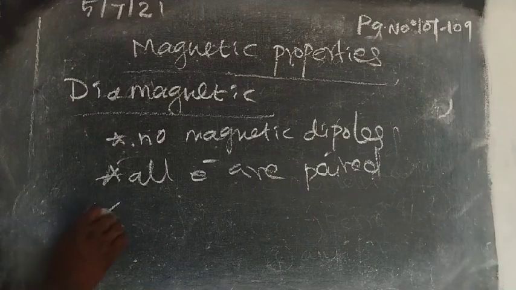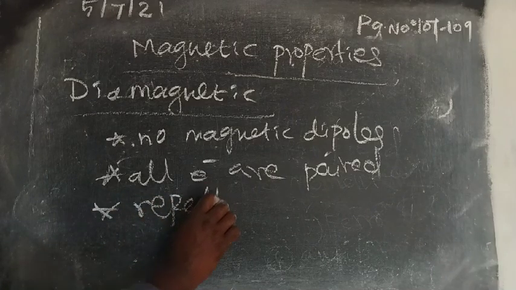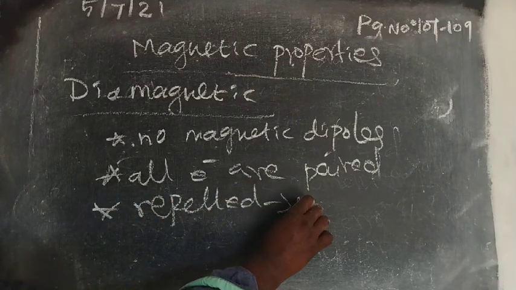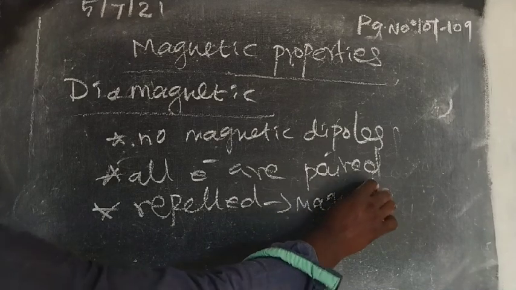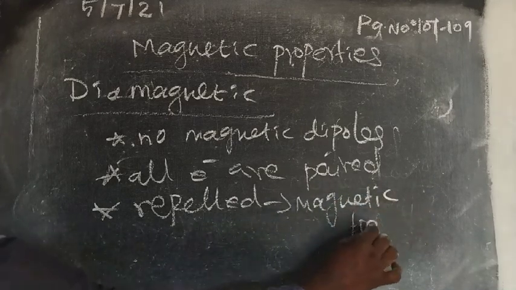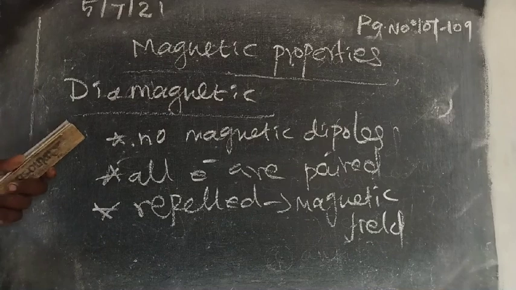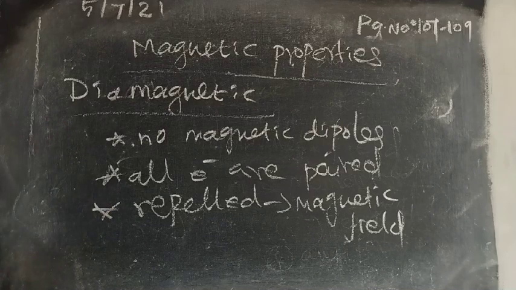But they are repelled by an external magnetic field. There is no magnetic field inside, so why are they repelled?